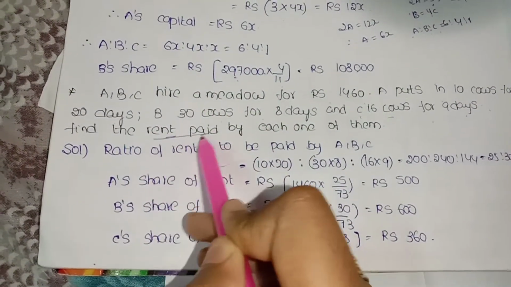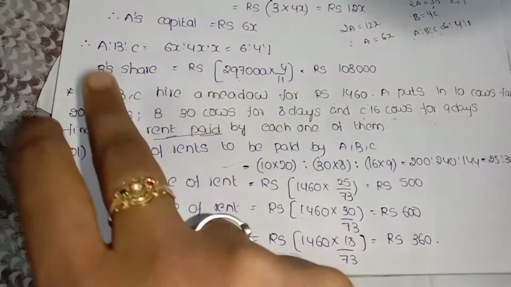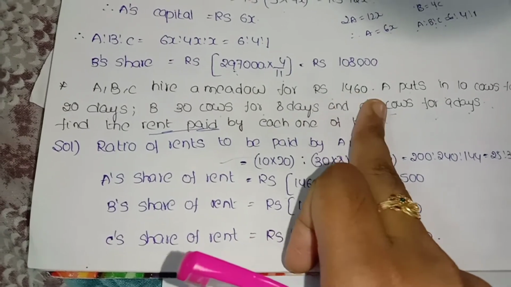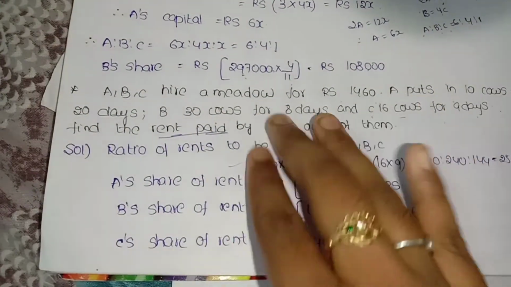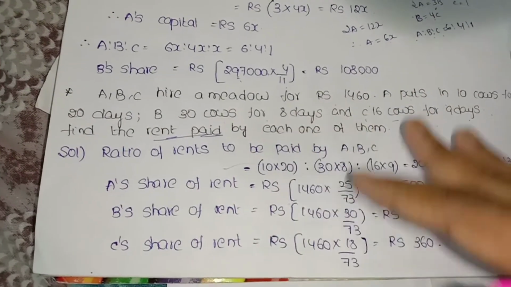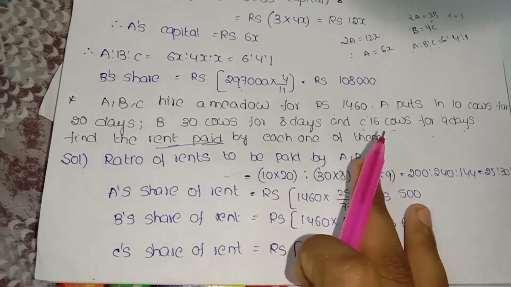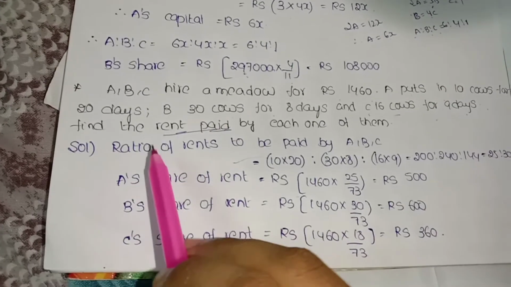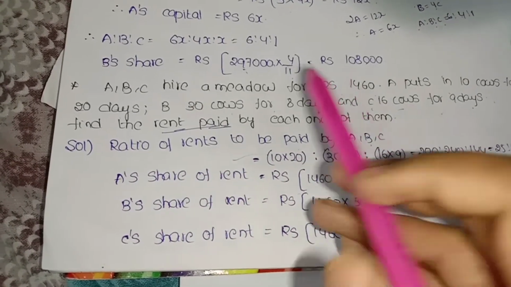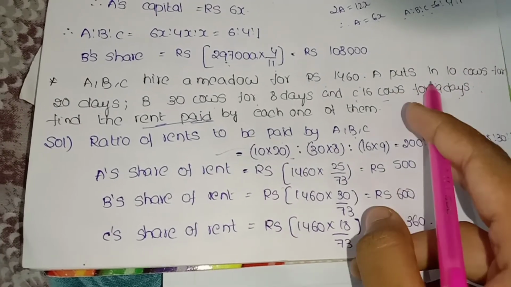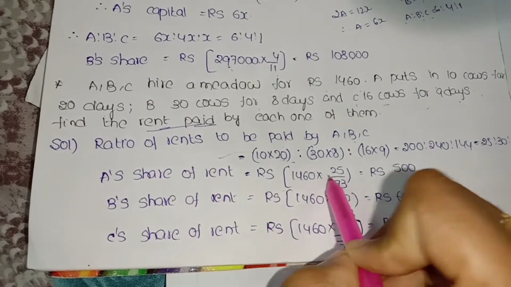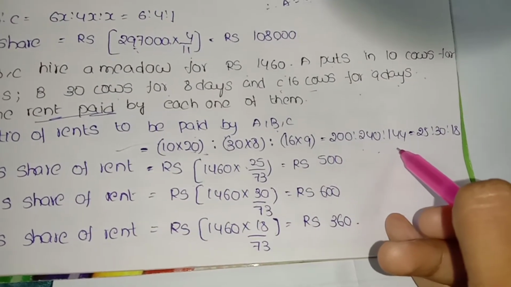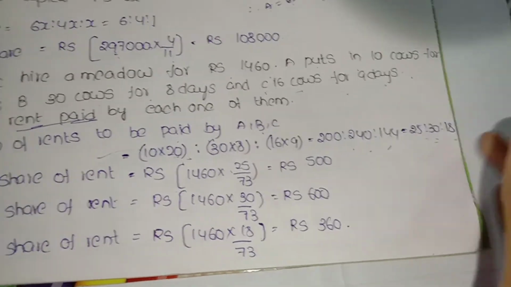Here we have to find the rent shared by A, B, C. The ratio of rents to be paid by A, B, C is 10 into 20, 30 into 8, and 16 into 9, so 200 : 240 : 144. Simplifying, it is 25 : 30 : 18.